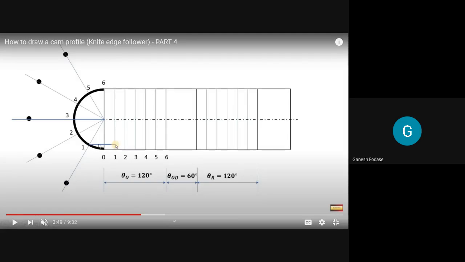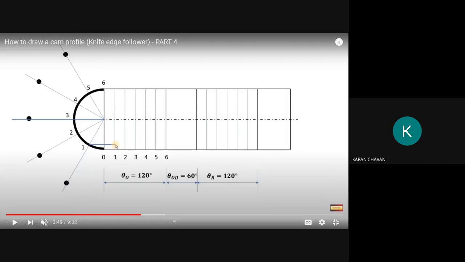Up to where? When I draw a line through 1, I have to draw the projection up to the vertical through 1. Similarly, a horizontal line up to the vertical through 2, then 3, 4, 5 and 6. So, up to where do we take projections from 1, 2, 3, 4, 5, 6?